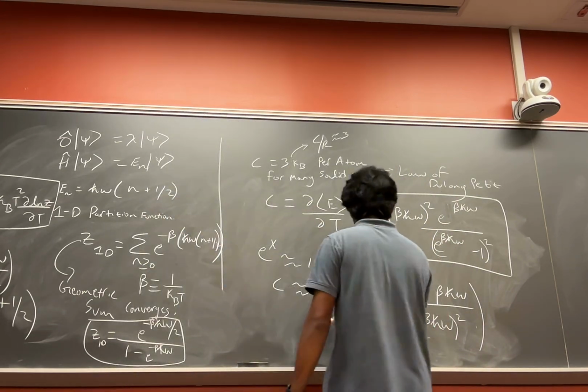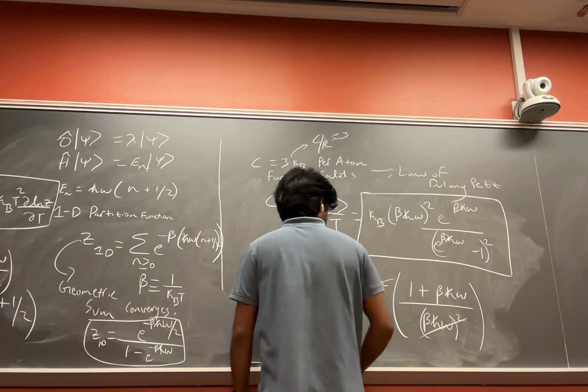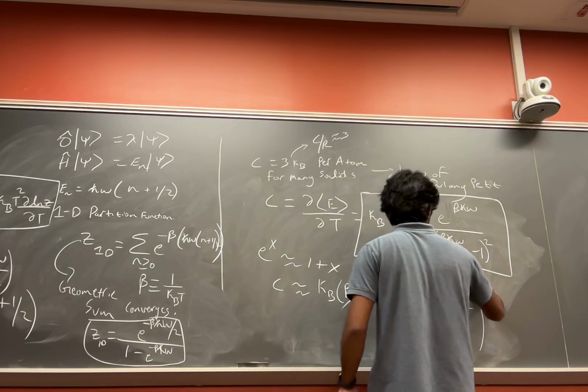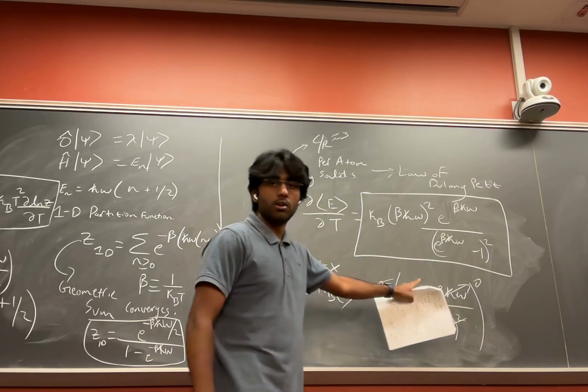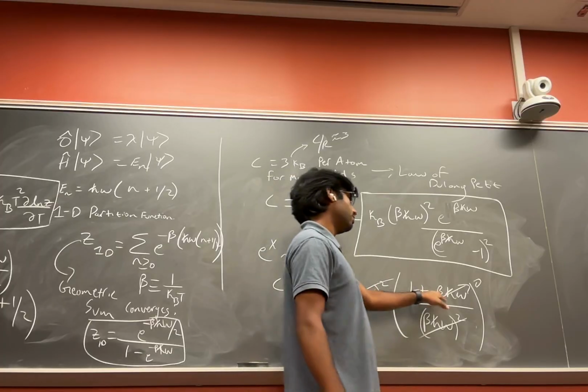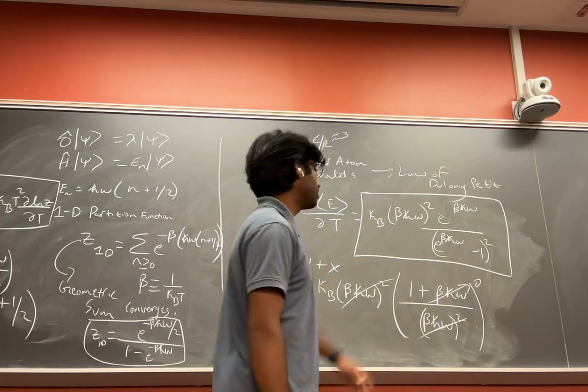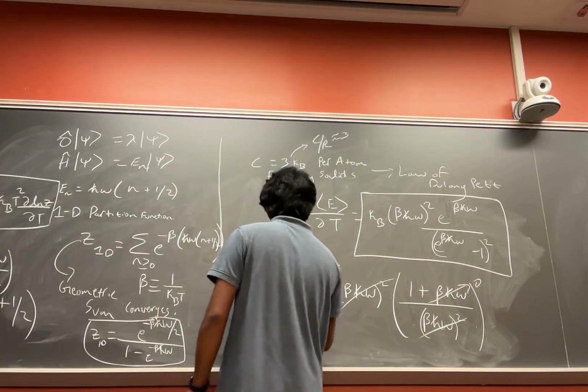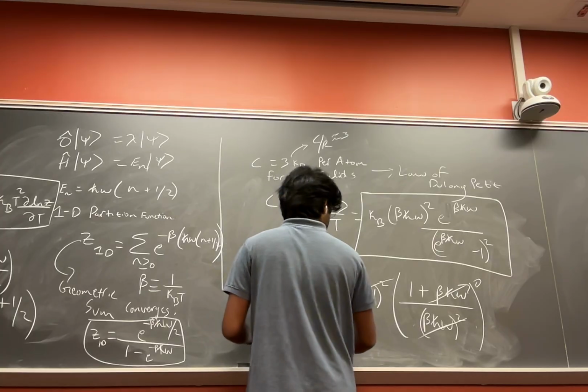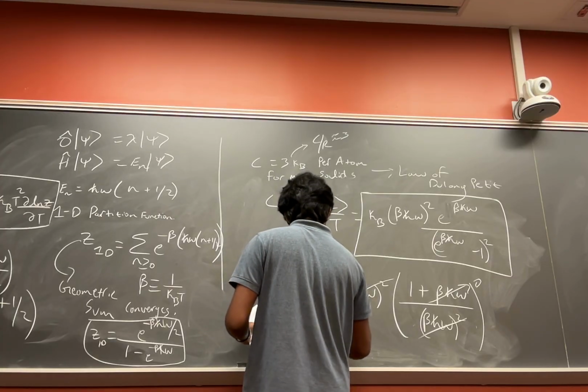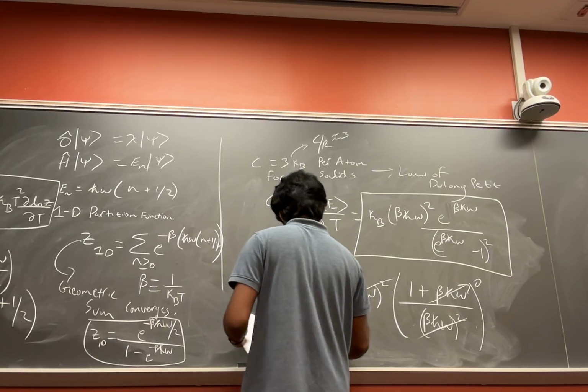And quickly you see that this cancels, and this cancels because beta is 1 over kBT, so this goes to 0 at the high temperature limit, so C is approximately just kB.